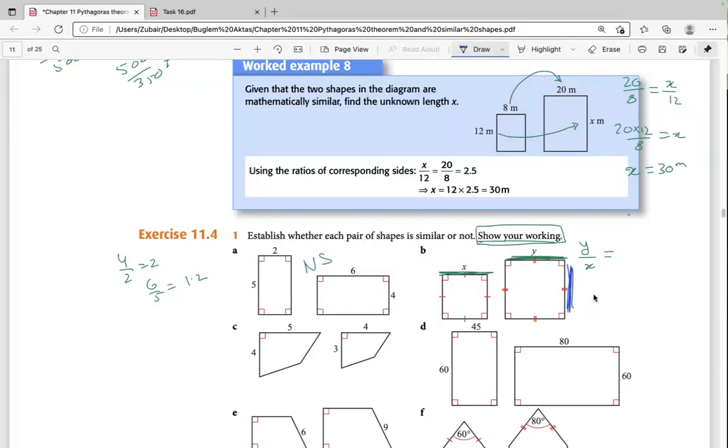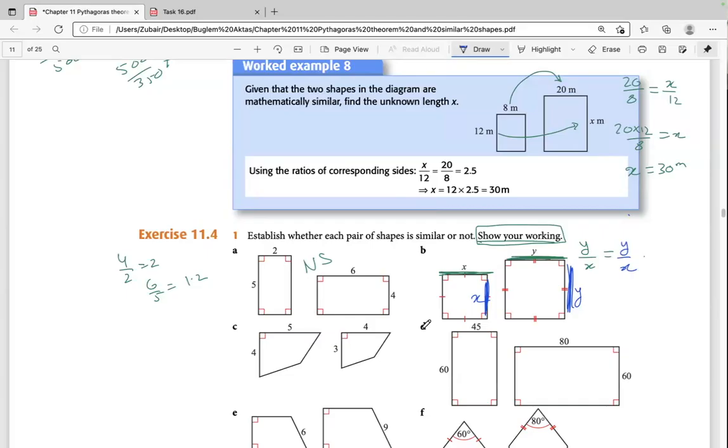Y, and this side? X. So the ratios are the same because it is a square. So all the angles are the same, the ratio is the same. Angle and ratio. That's it.